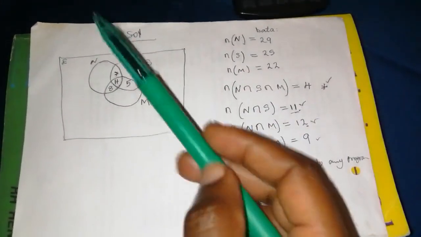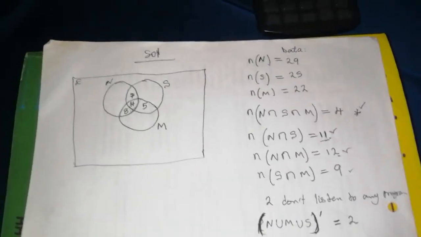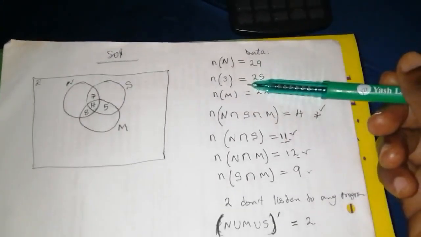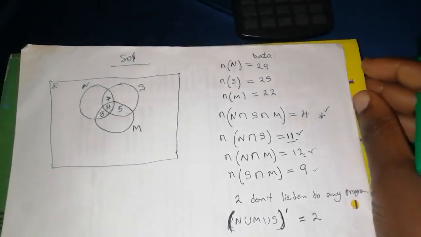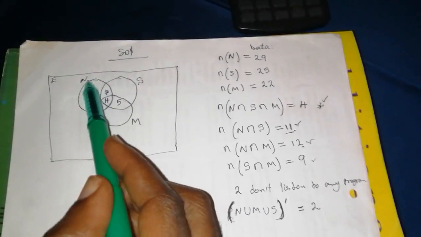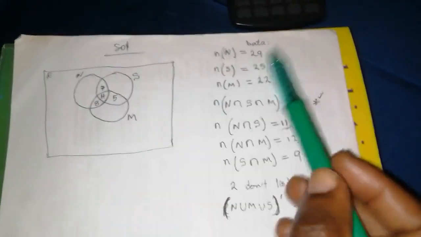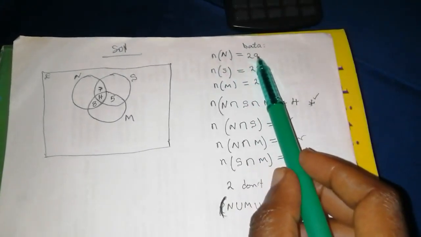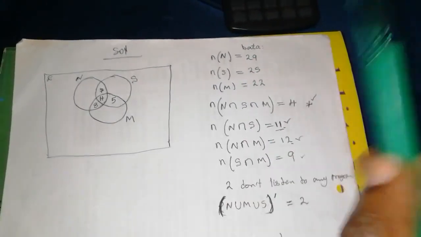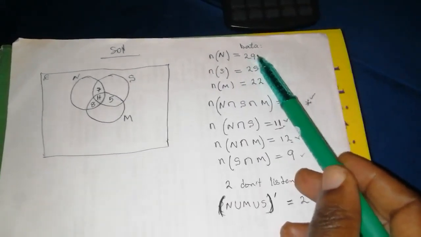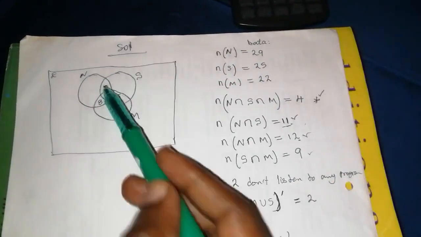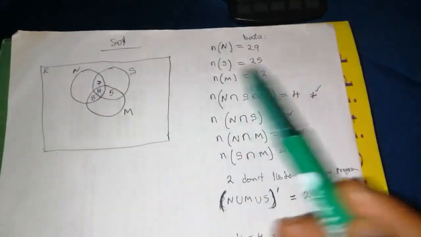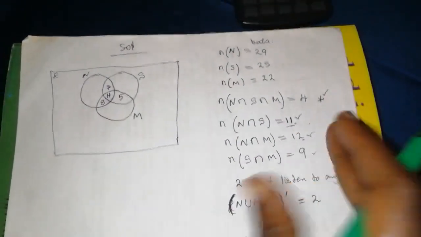Now we go to sets one by one. So I'll go back to that data. The first set is N for news. So we are looking at this set. We are told that in this set there are 29 villagers. Now we are not going to put this 29 there, because we already have these ones. So add these, then subtract the sum from 29.